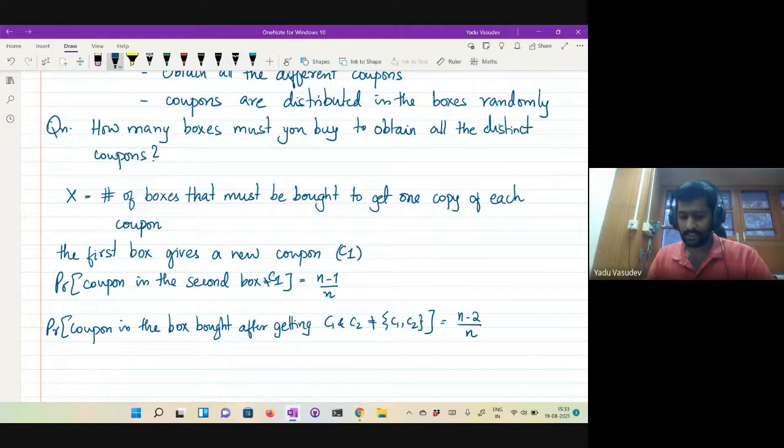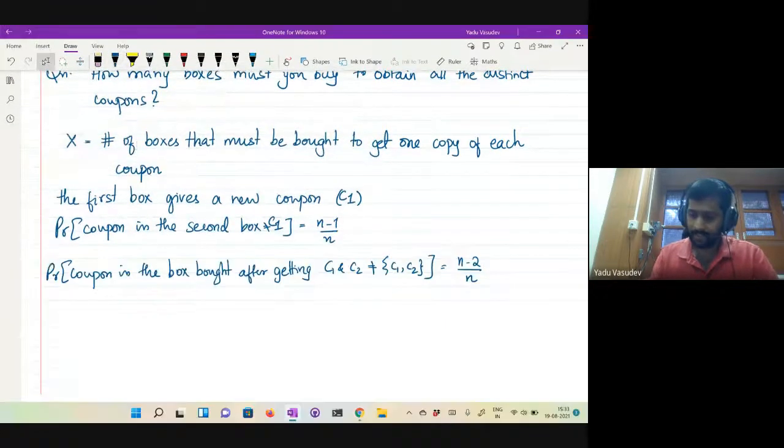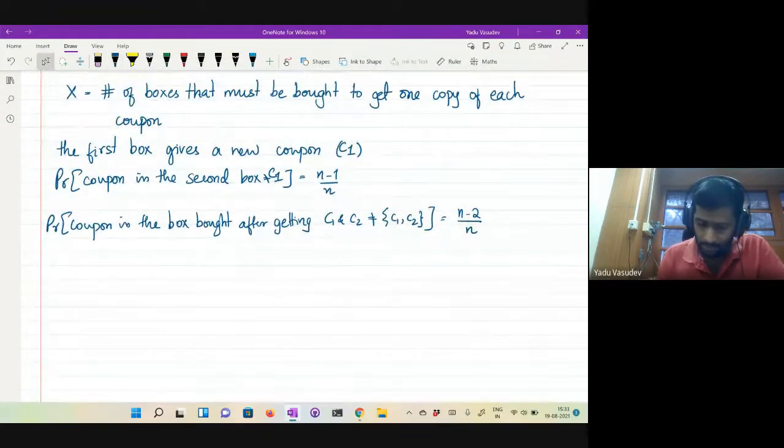So with this in mind, let's define this random variable called xi.